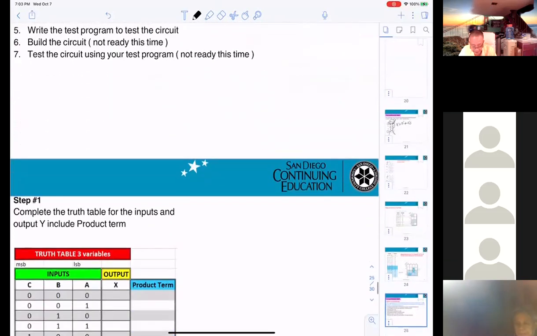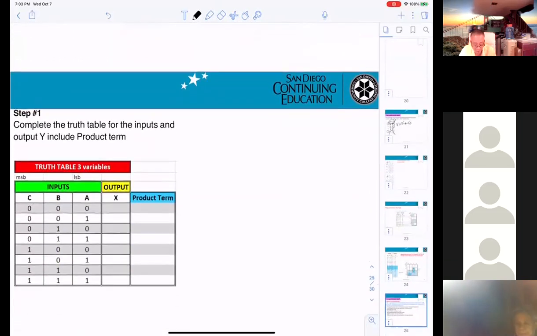So the first thing, you need to get the truth table. You get A, B, C. And now you have to calculate what X equals. What they say is X equals 1 if the majority of inputs are 1. So what does X equal here? 110 and 111.